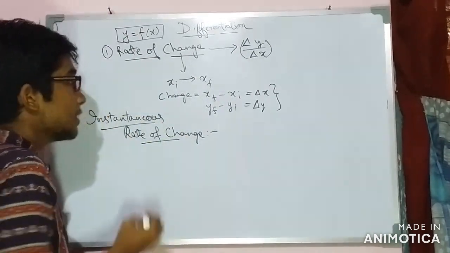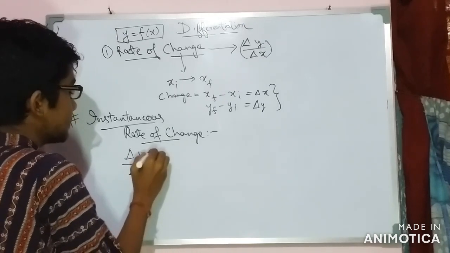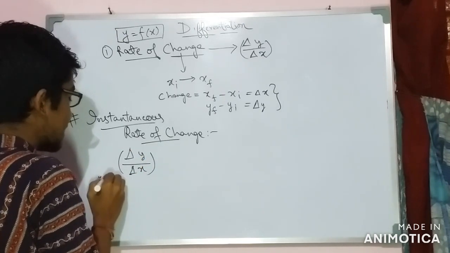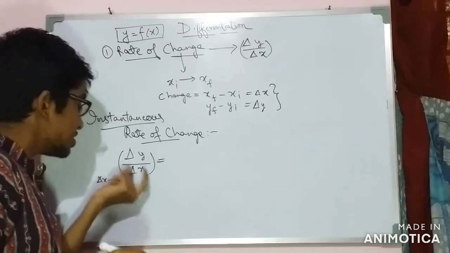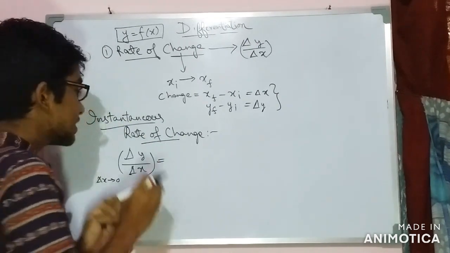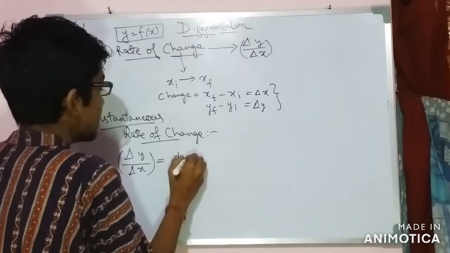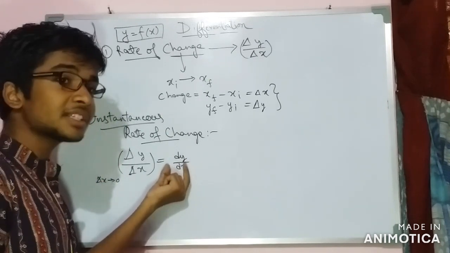And how do we represent it? We represent it like this: delta y by delta x, where delta x tends to 0, and when the change in x is very small, then this whole expression can be written as dy by dx. Change in x we wrote as dx because it is very small.